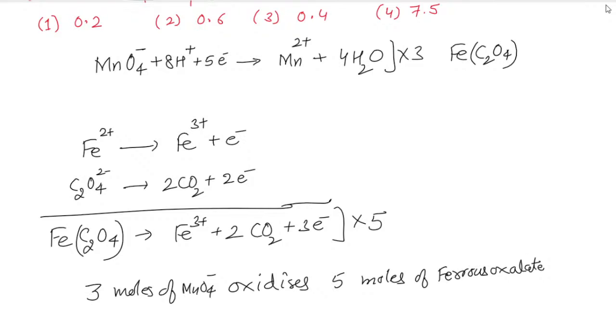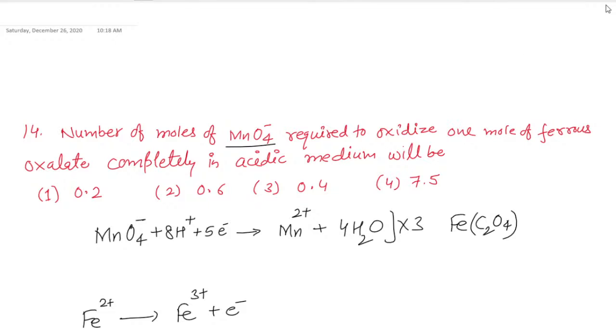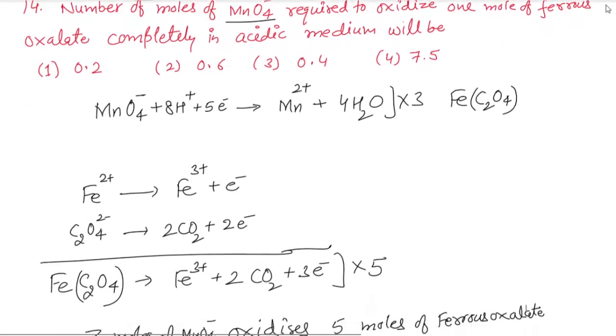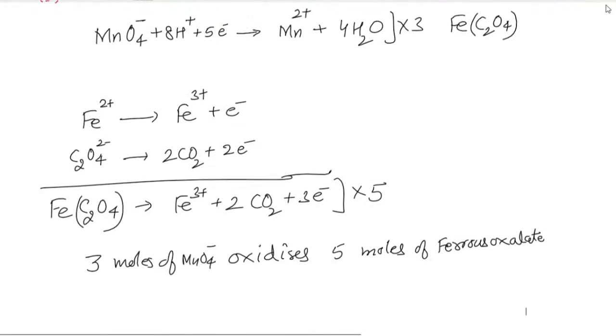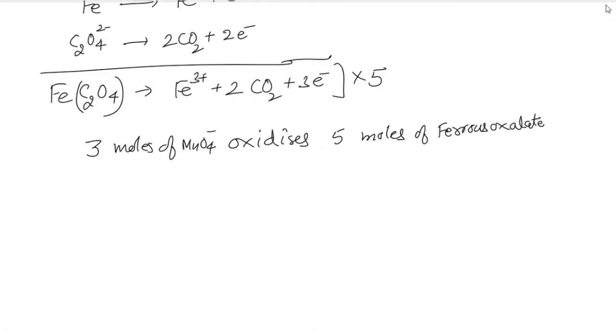Okay, and what is the question? The question is the number of moles of MnO4 negative required to oxidize 1 mole of ferrous oxalate. So to oxidize 5 moles, 3 moles are required.